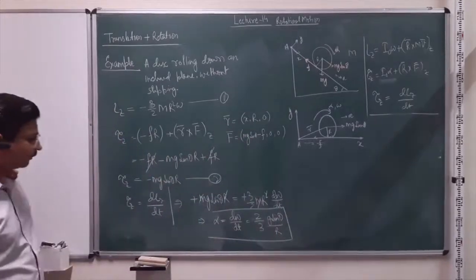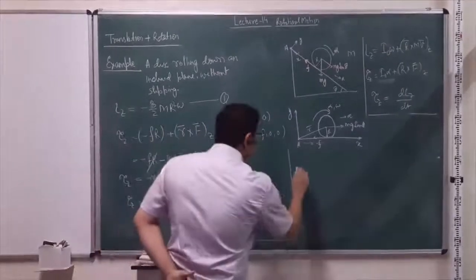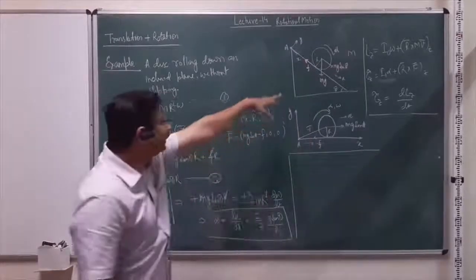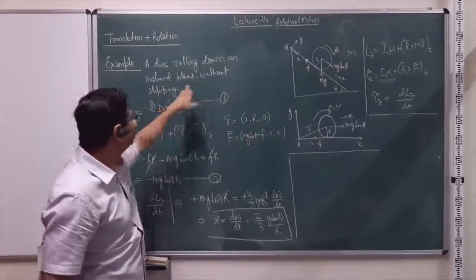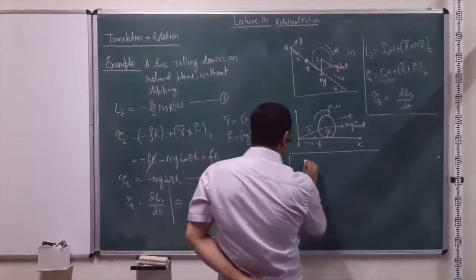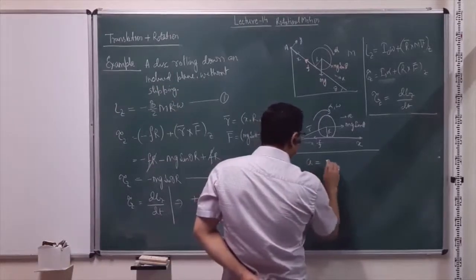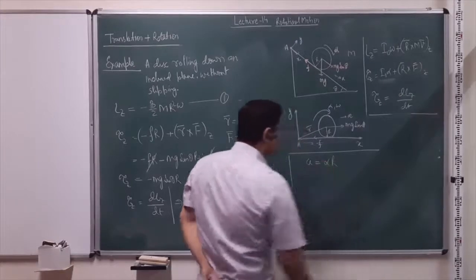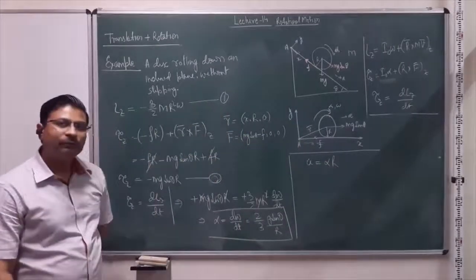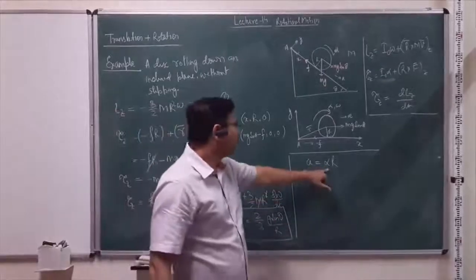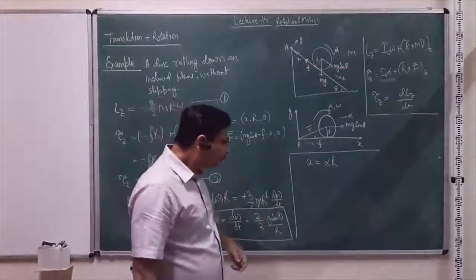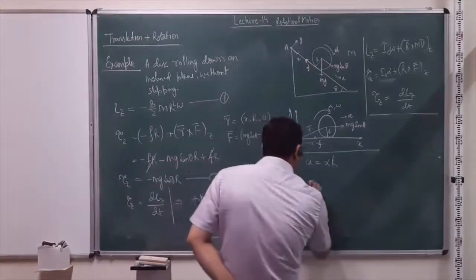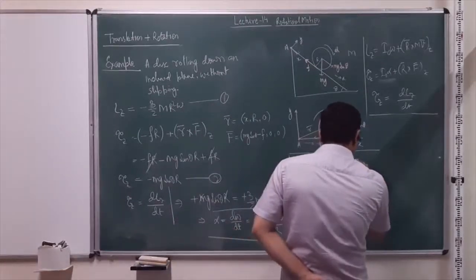So this is the angular acceleration, and now to find the linear acceleration, we have to look at the condition of rolling without slipping. Rolling without slipping basically means that the linear acceleration is simply the angular acceleration times the radius r, same as our tangential velocity v equal to omega r.